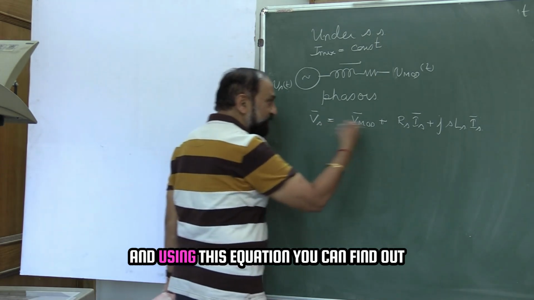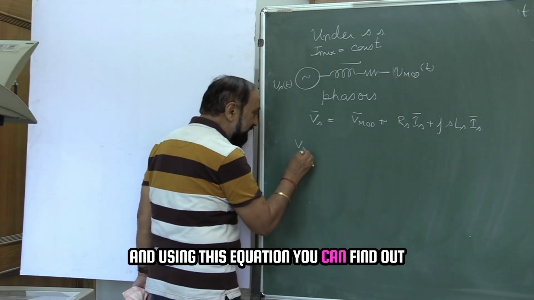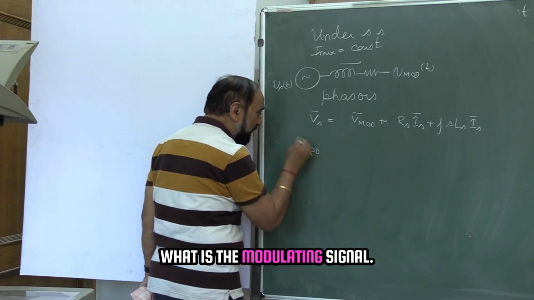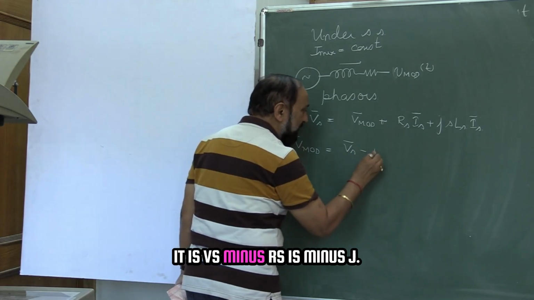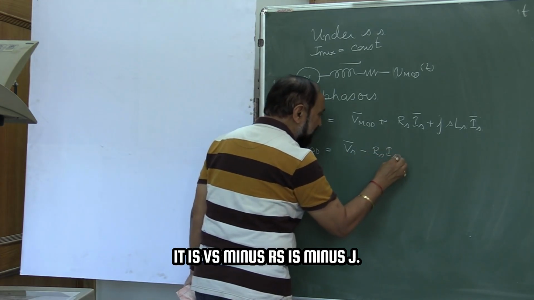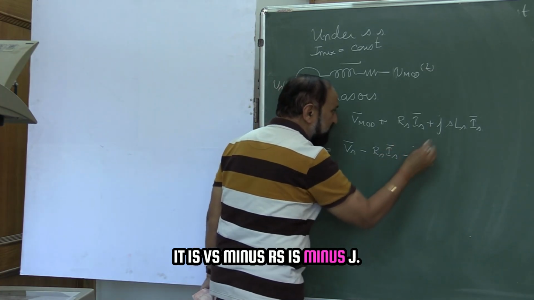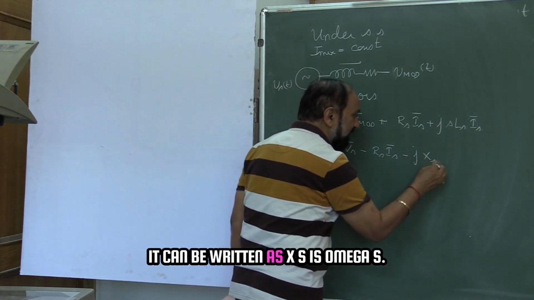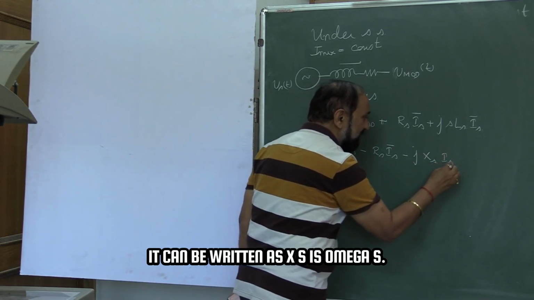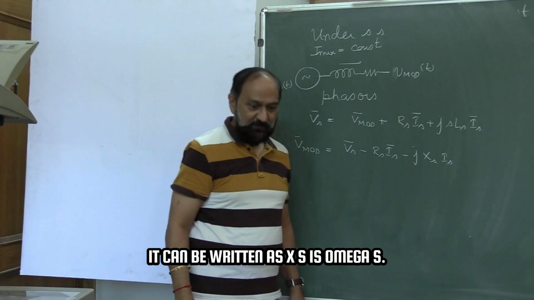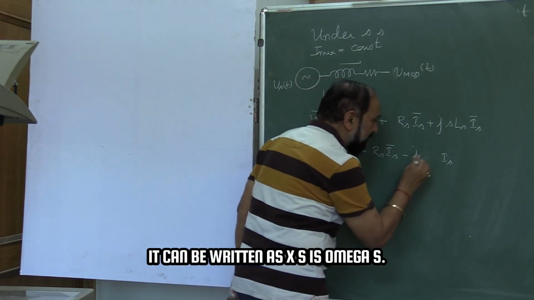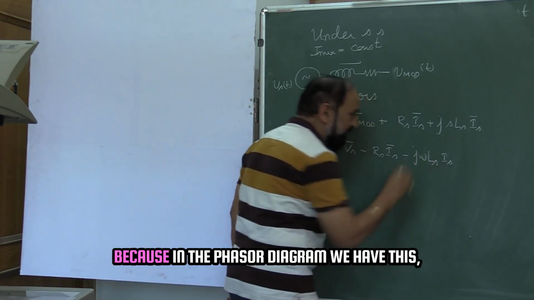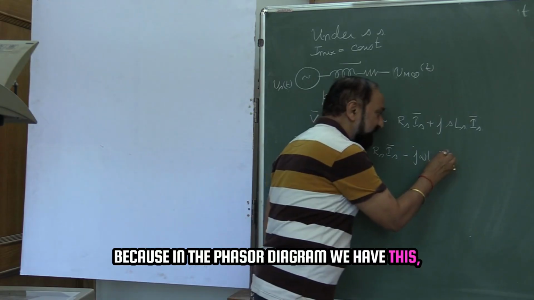Using this equation, you can find the modulating signal. It is Vs minus Rs Is minus j Xs Is. Let us keep it as omega Ls because in the phasor diagram we have this.